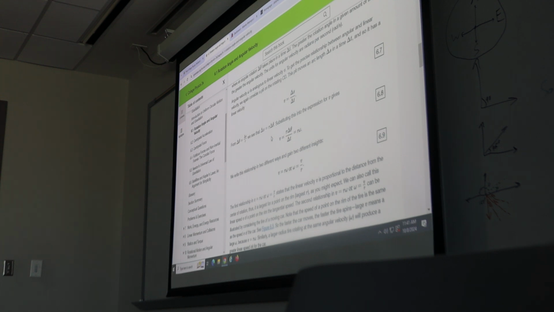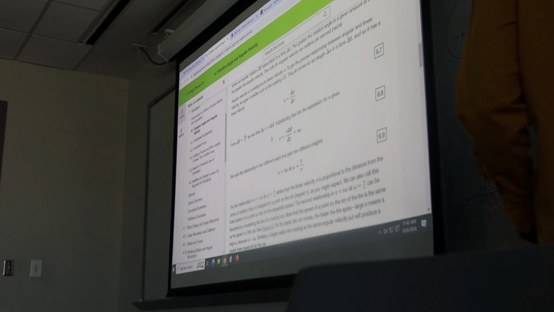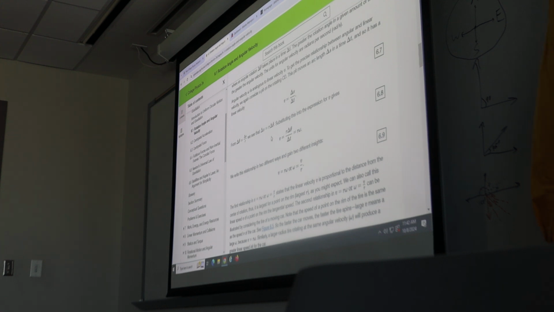Yeah, so these are centimeters. So I see 44, which is 0.44 meters. 0.44 meters times my omega, 7.66 revolutions per second.